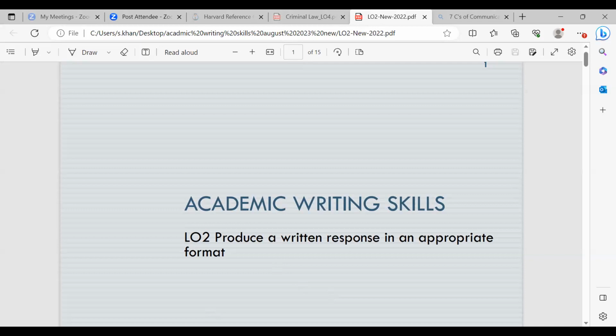Also, in learning outcome 1, which was the last session, we looked at the keywords and command words, and why there's a need. If you get a question in an assignment, why is it important to break that question down? Why do you think, Boniface, it's so important to break the question down?